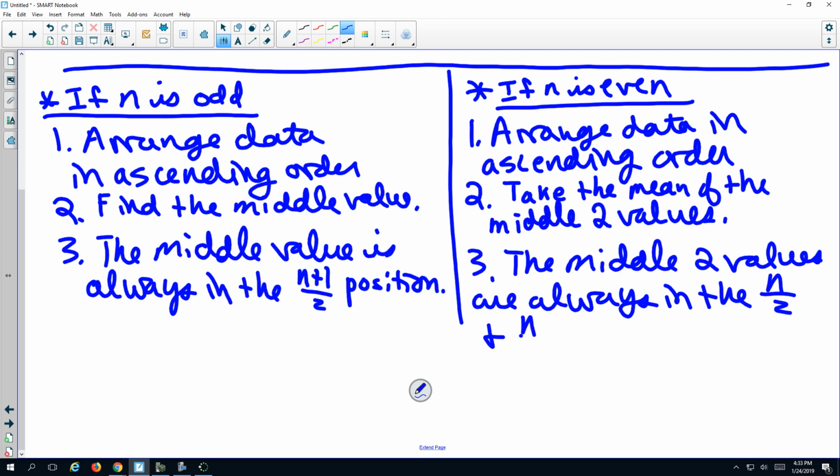The next one would be n over 2 plus one more positions. So the middle two values are always in the n divided by 2 and the n divided by 2 plus 1, which is just the next one, positions.